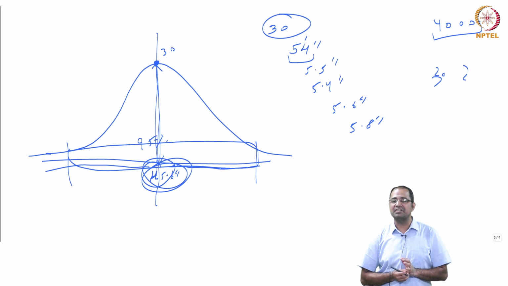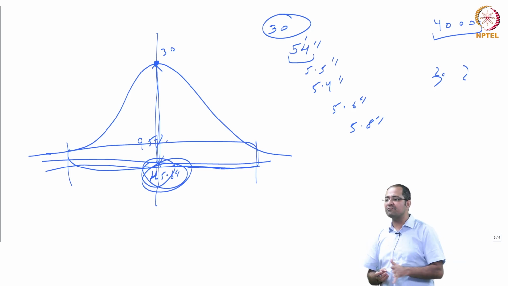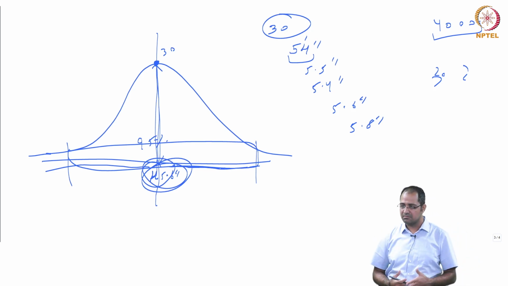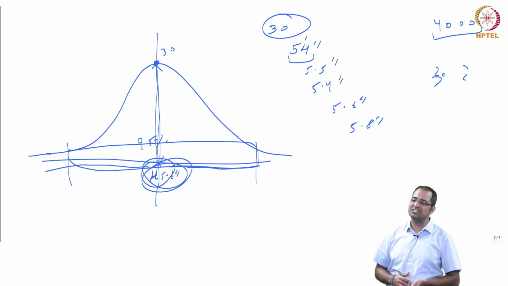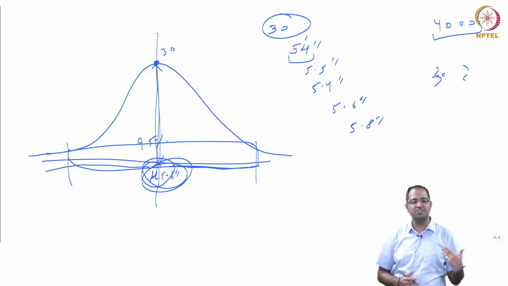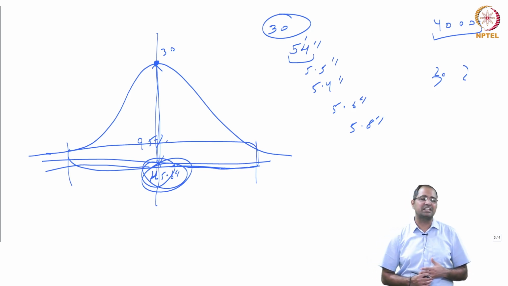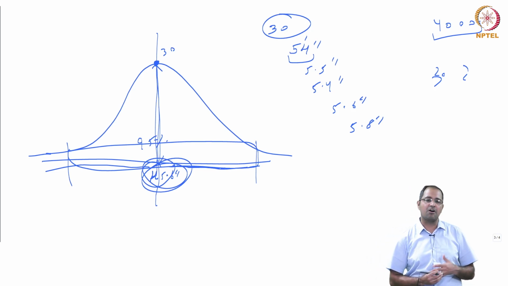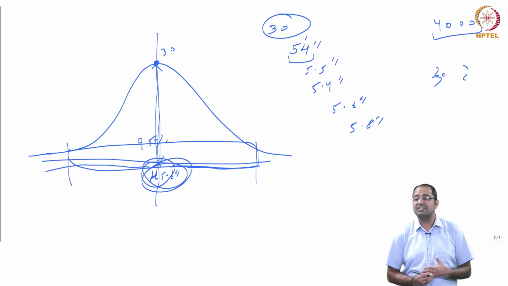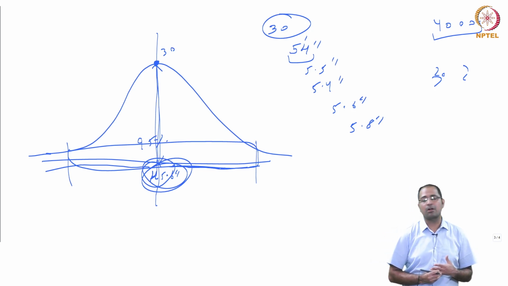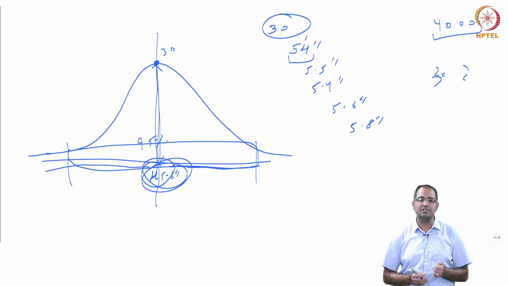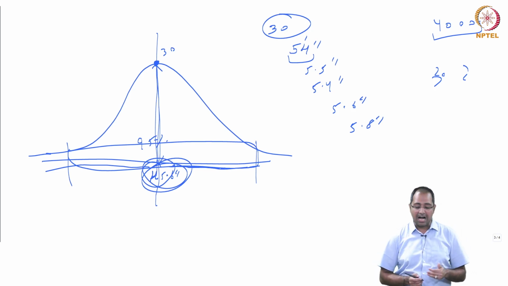When the sample size is 30 or greater, the sampling distribution will be near normal, whereas when the sample size is less than 30, the sampling distribution will not be normal. And many of our statistical tests have the assumption of the sampling distribution being normal. So once we understand the sampling distribution, now we can go a little bit further to see how it is used.